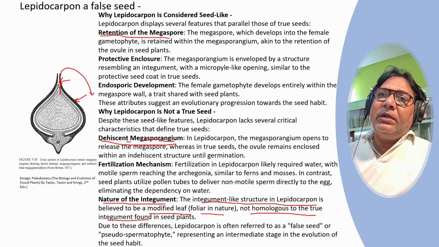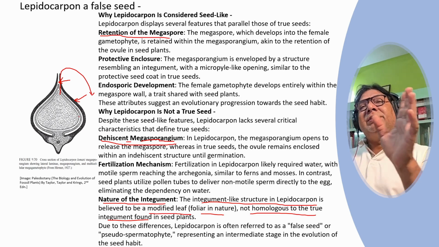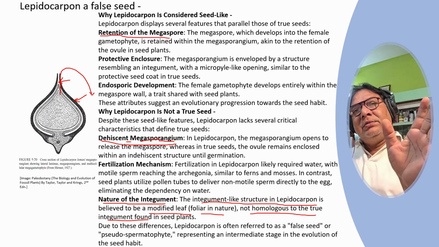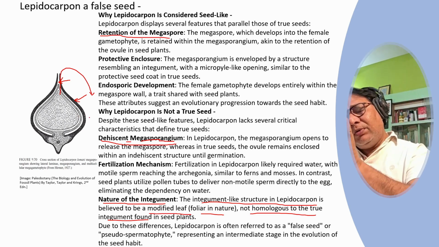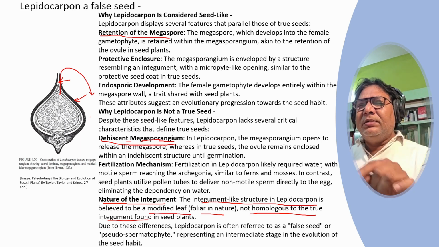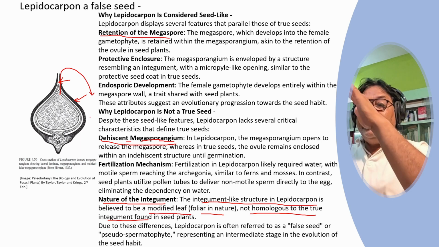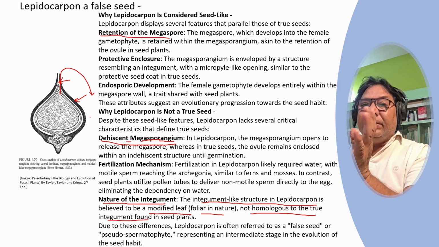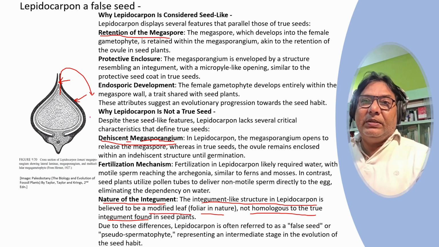It doesn't mean that it dehisced and then fell on the ground; that is not exosporic. Even if it falls on the ground, endosporic development is possible because the gametophyte is being formed inside the wall of the spore. If that is there, that is endosporic development.